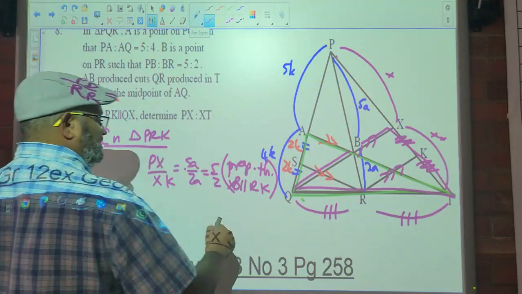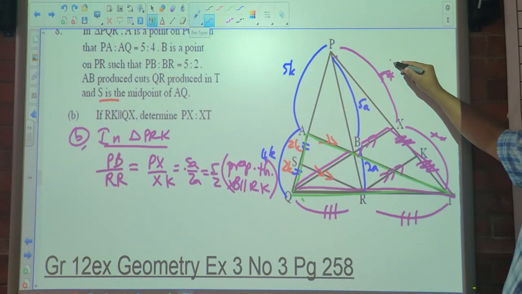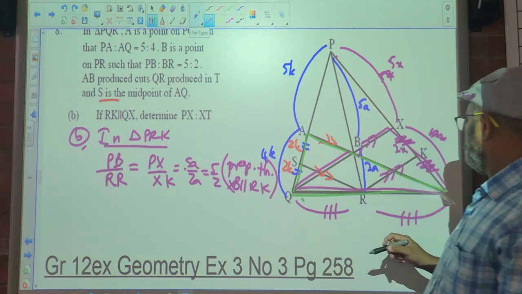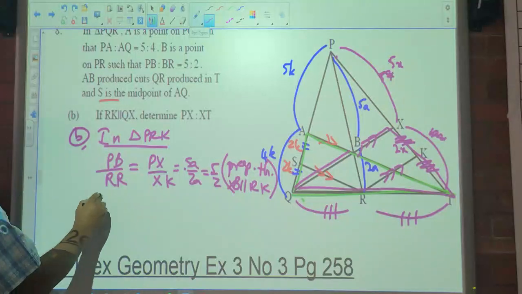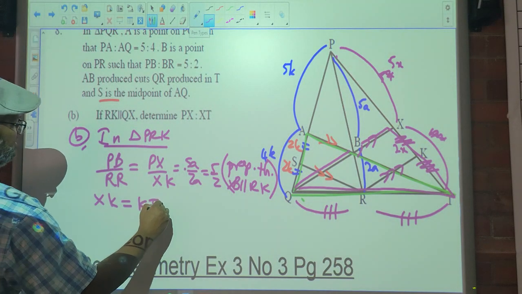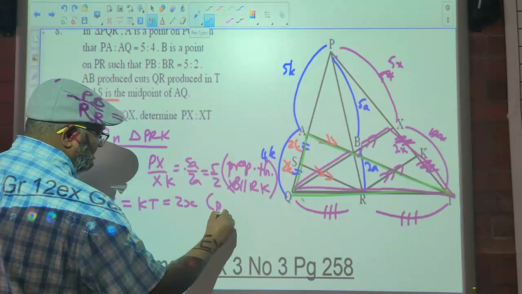So PX is going to be 5x, and XK is going to be 2x. But we know that XK is equal to KT, which is equal to 2x, because they are given and proven equal.